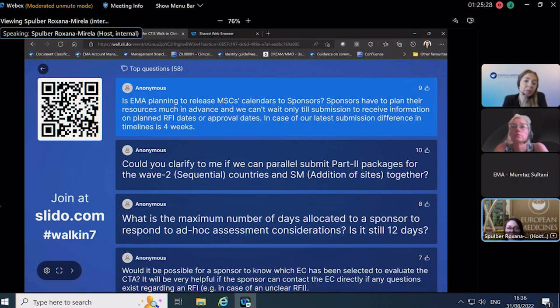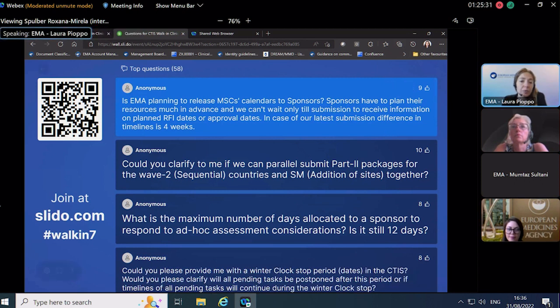I can start with this, but Anna, please help me if you have more info. So the member states calendars are provided by the member states to the EMA because we use them in the system to calculate the due dates for the task. So we have strict and clear rules for verifying for RMS selection which calendar is the longest calendar, that is the one with more bank holidays during the selected period.